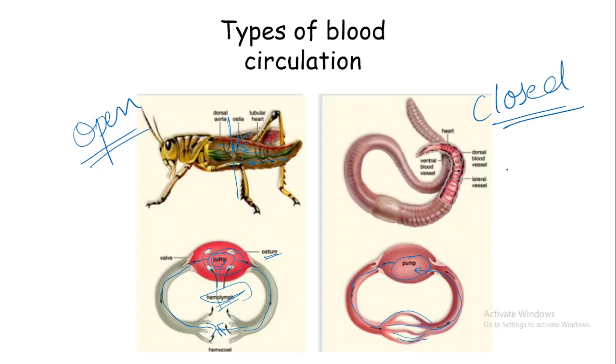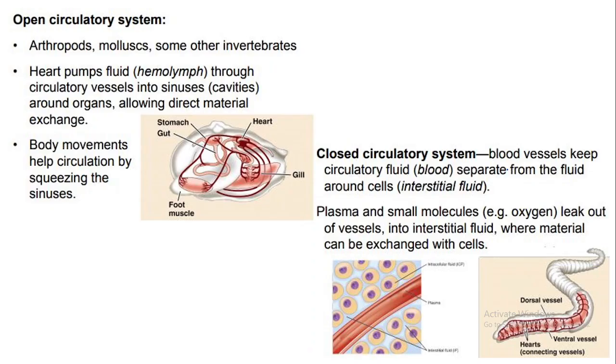All you need to understand here is the definition. Open circulatory system is found in arthropods, mollusks, and some other invertebrates. The heart pumps fluid called hemolymph through circulatory vessels into the sinuses or the cavities around the organs, allowing direct material exchange.